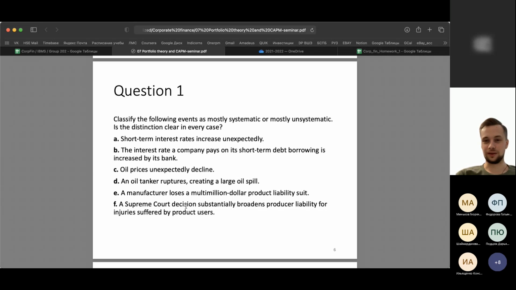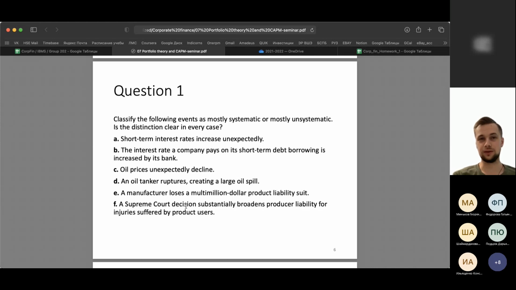But can it be unsystematic for some countries? Maybe for some regions? Well, if a country's economy doesn't really depend on oil, maybe it depends on the service industry, it may be unsystematic for this country.